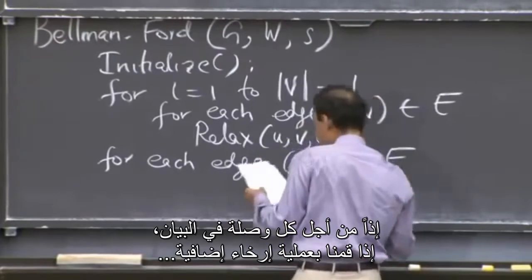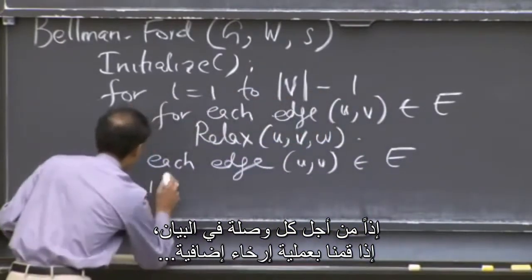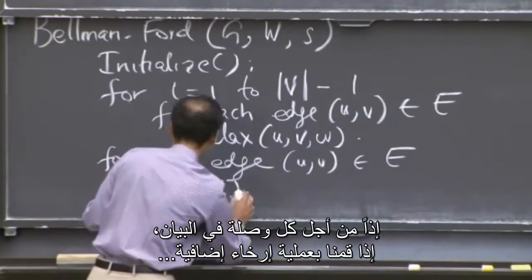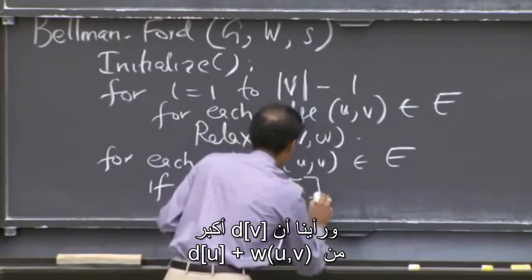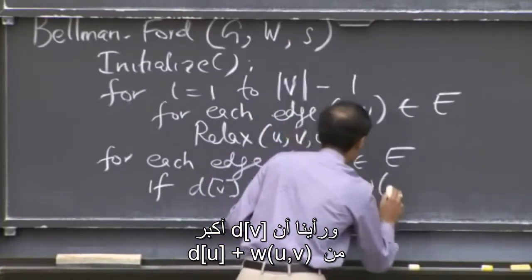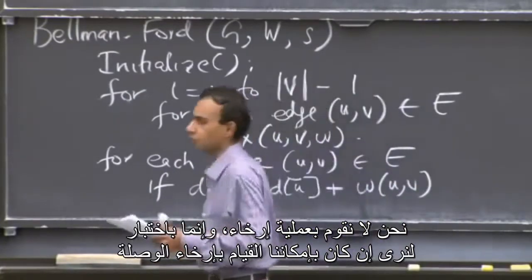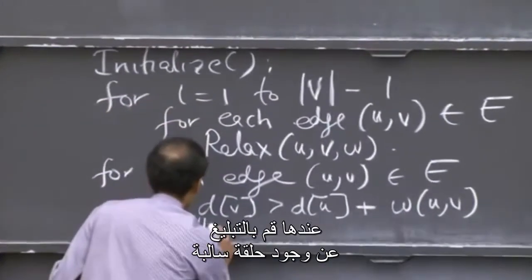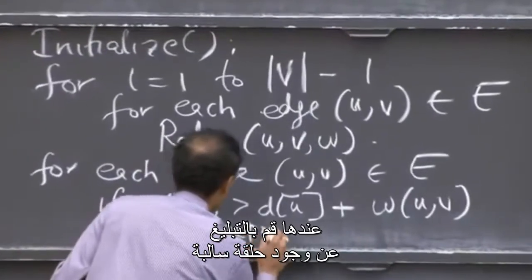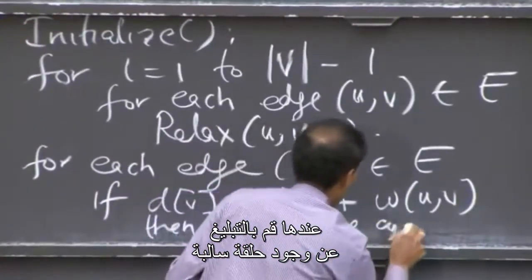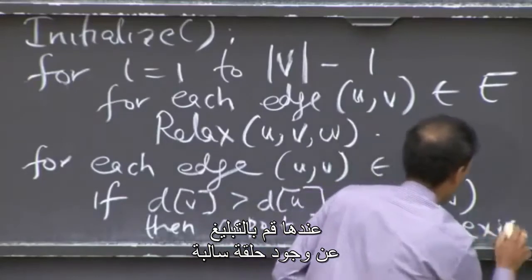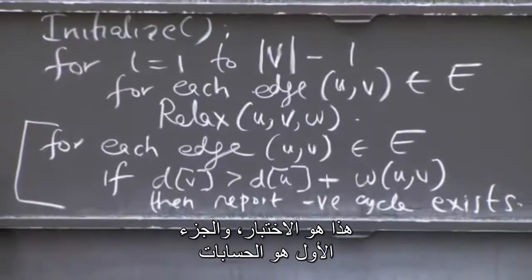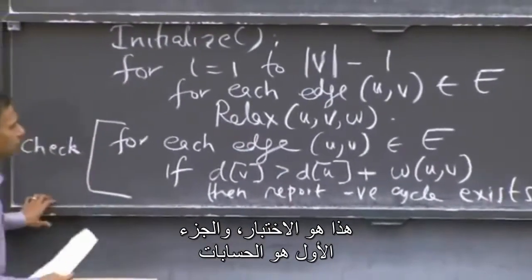For each edge in the graph, you see if d_v is greater than d_u plus w(u,v). So you're not doing a relaxation, you're doing a check to see if you can relax the edge. Then report that a negative cycle exists.